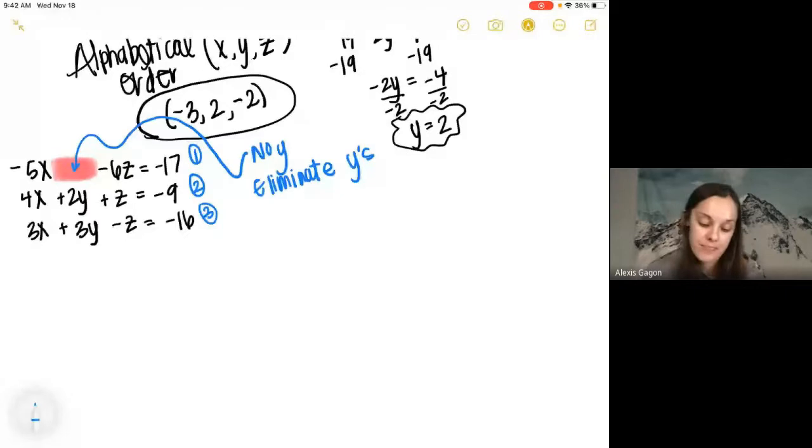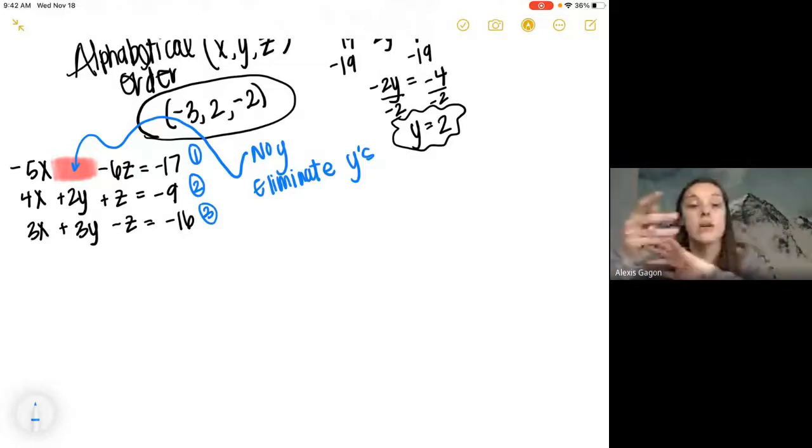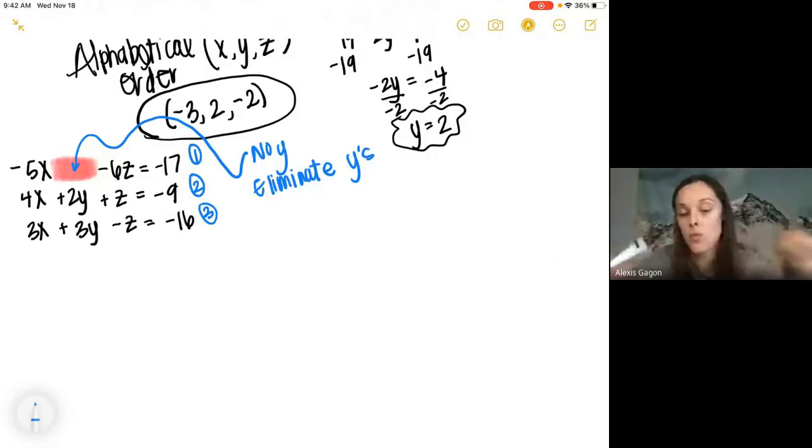Which the first equation, it's already eliminated for us. So this tells us exactly which equations to look at. We're not even going to bother with equation 1 right now. We're just going to look at equation 2 and 3 because that's where our y's are at. Does that make sense? Are there questions on that part of it?